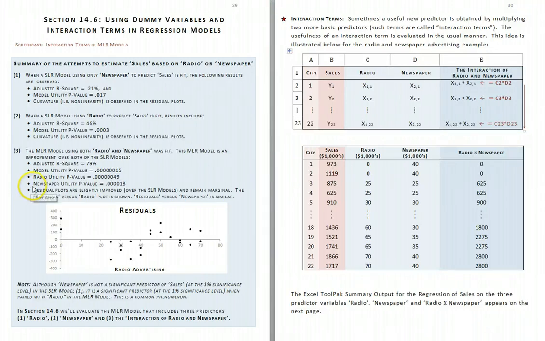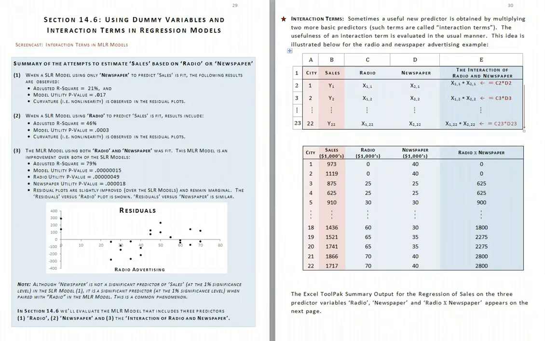The analogous hypothesis test to determine whether newspaper advertising expense was a useful predictor in the multiple linear regression model that also contained radio advertising expense also had a very small p-value, indicating that newspaper advertising expense was also a useful predictor in the multiple linear regression model.